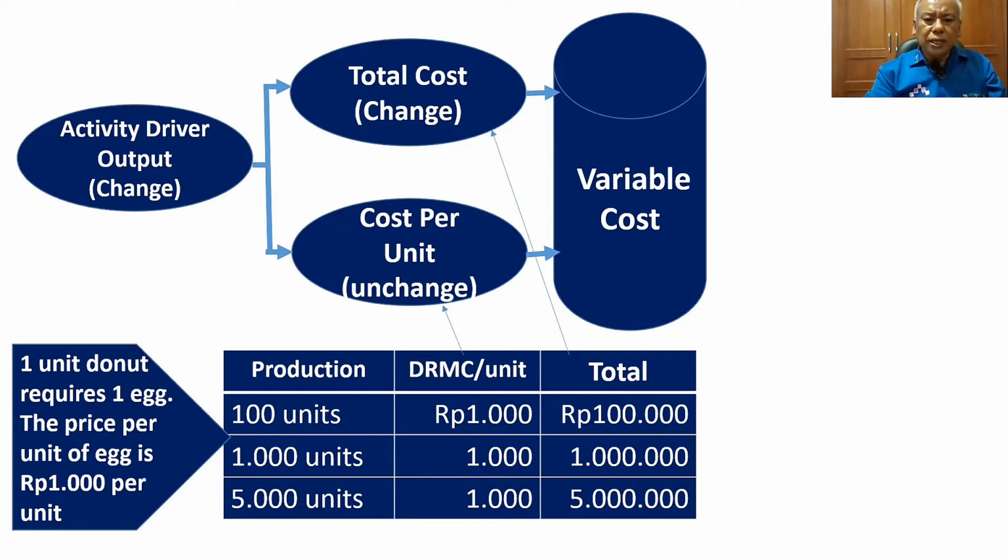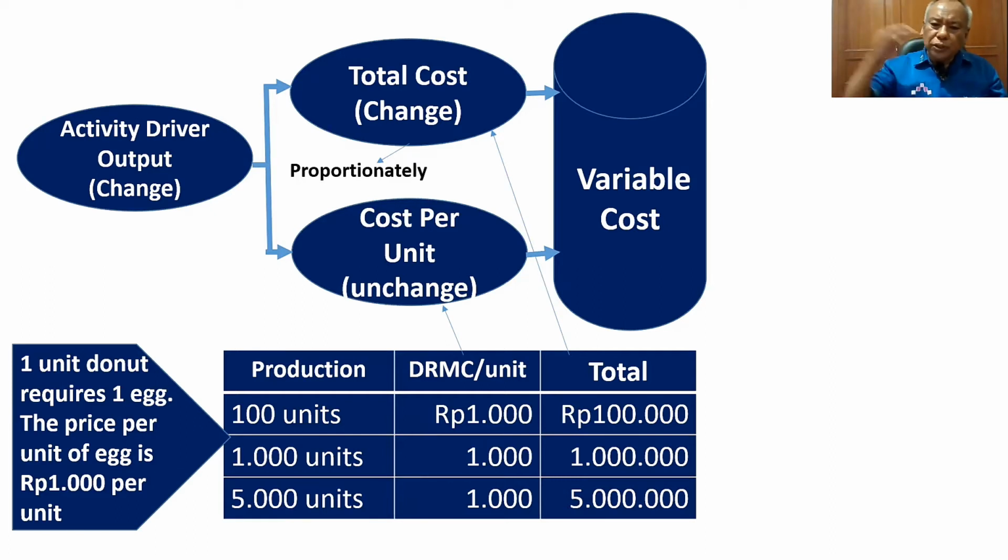So how does the total cost change? The total cost changes proportionately because we have a slope, a coefficient of 1,000. If we produce just 1 unit, our direct raw material cost will be 1,000; 2 units, 2,000; 3 units, 3,000 rupiah.